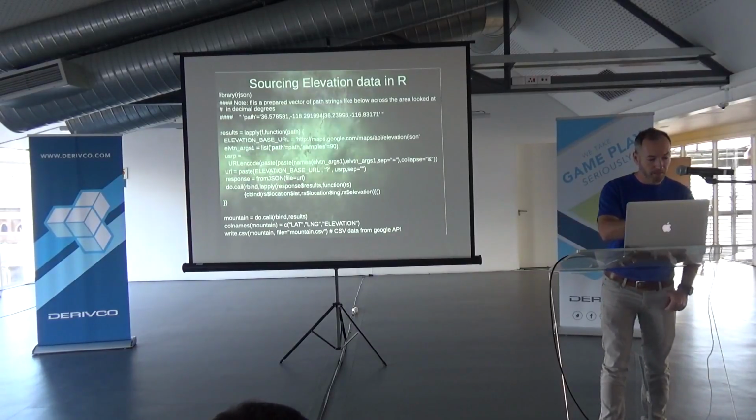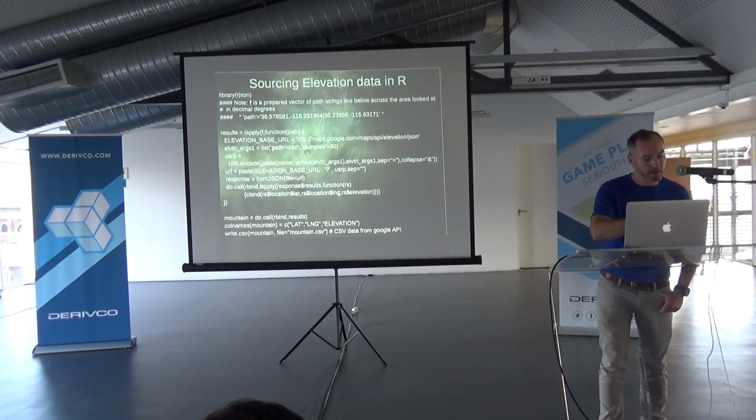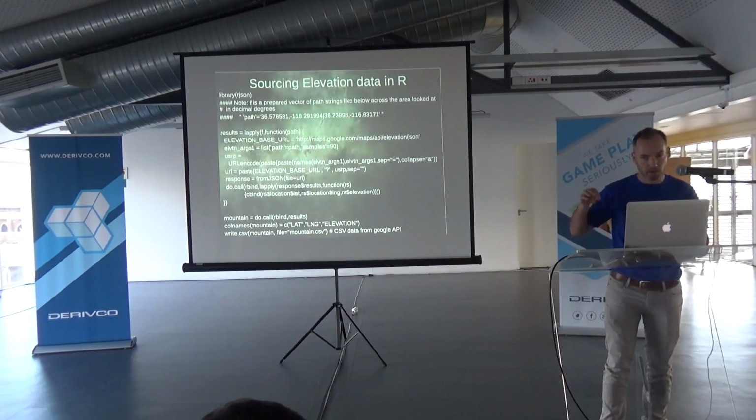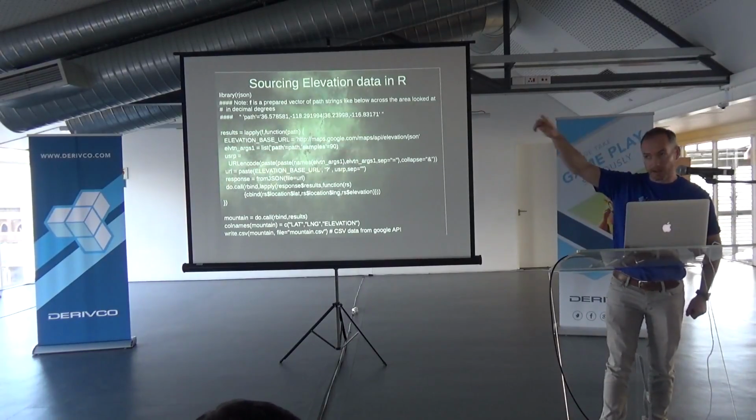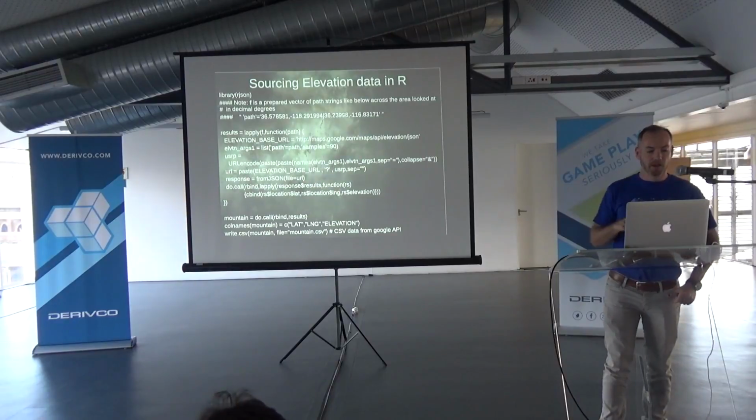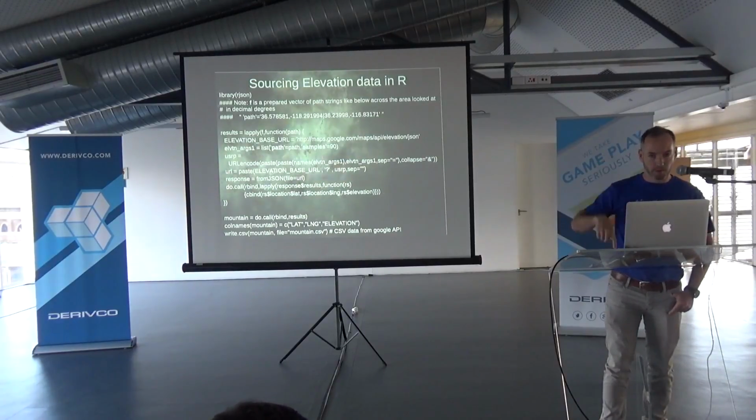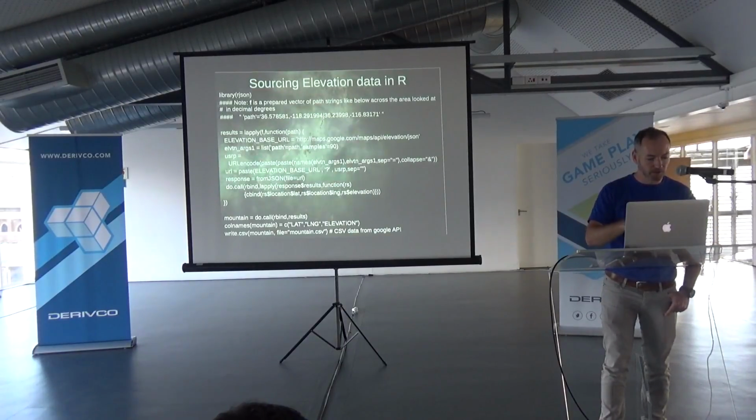So the first step is I pre-prepared a bounding box of this area, including Table Mountain, and I generated paths to form a grid, and then I gave it to this apply function, which created a CSV file for me, mountain.csv, that contained all the elevations in this bounding box.